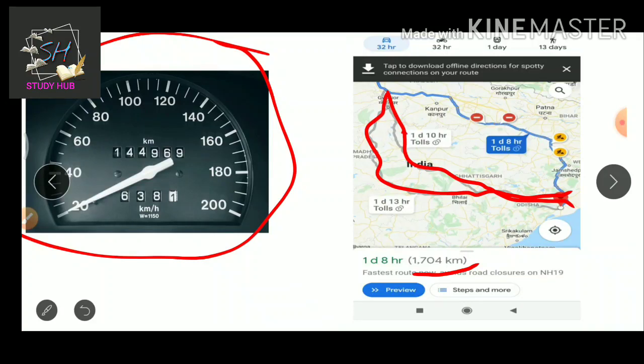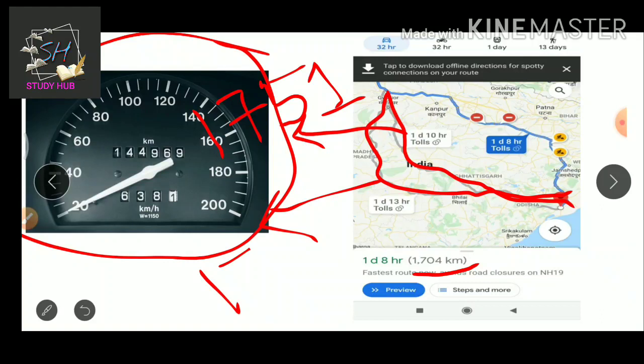Most probably this path takes 1751 km and this path 1730 km. So there are three paths with different lengths, but the displacement is always the shortest path. So the displacement is this path, which is 1704 km. This is the displacement.